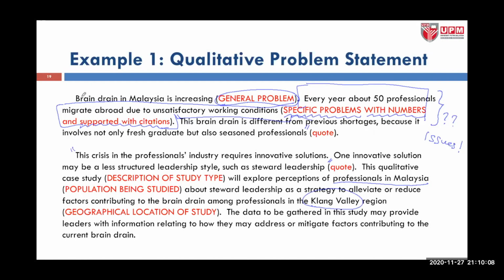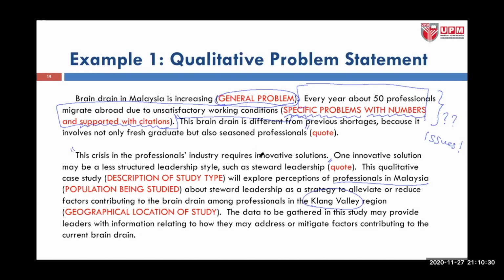The first one is just the general problem, and then the second one is the problem statement. Sentence number 3, sentence number 4, number 5 is just supporting quotation or supporting facts saying that yes, it is a real problem.